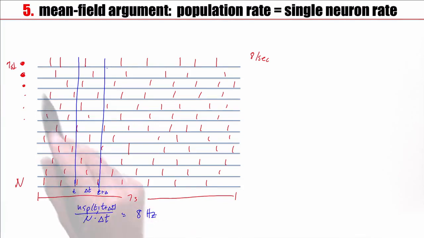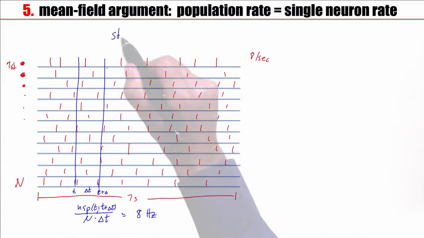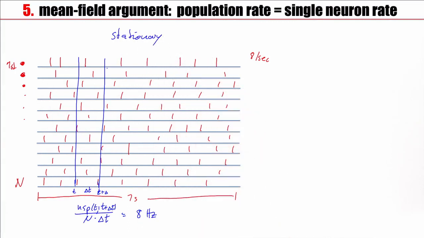Well, the reason is, if all neurons are the same, and if we are in a stationary state, then temporal averaging for a single neuron, or spatial averaging, is the same. So whether I have one single neuron, and I look for a long time, and average over time, or I have one single neuron, look for a shorter time, and do many repetitions of the same experiment, or whether I have n neurons, and I look at a short time, I always get the same result.